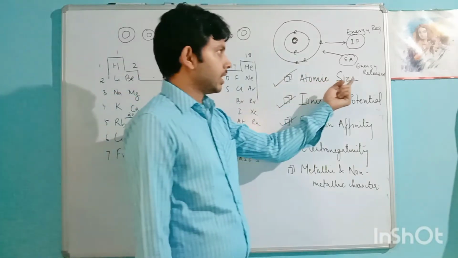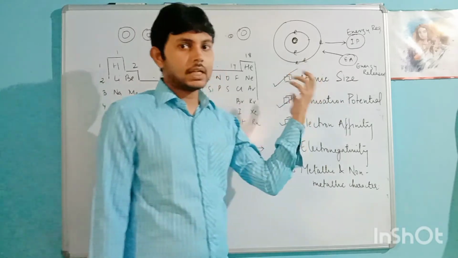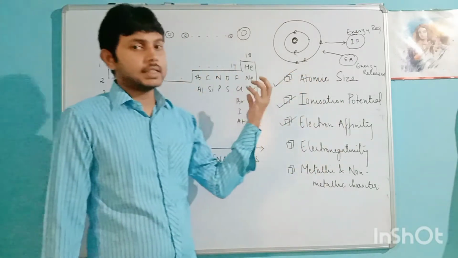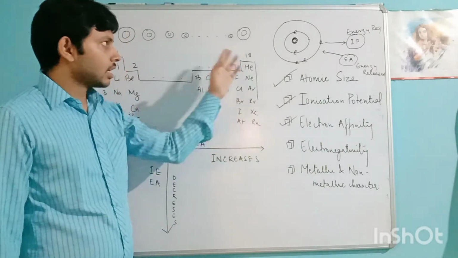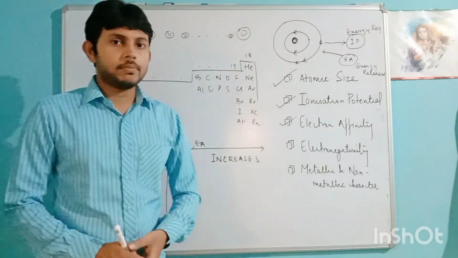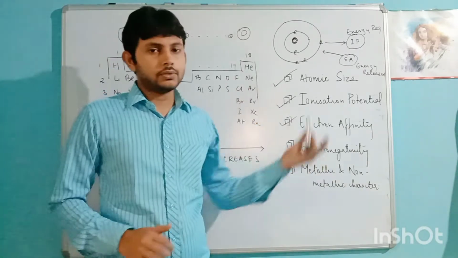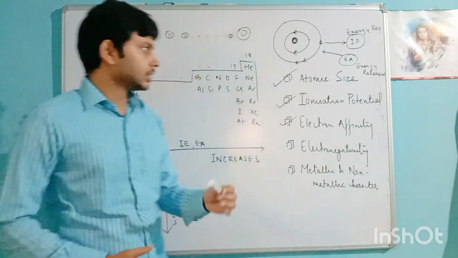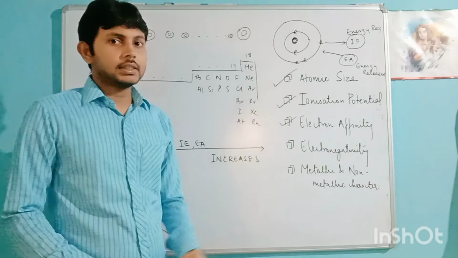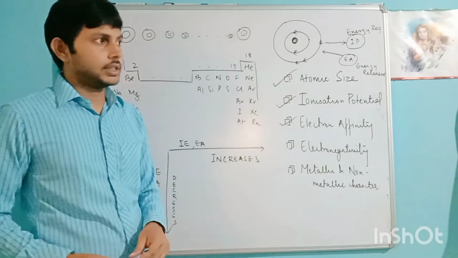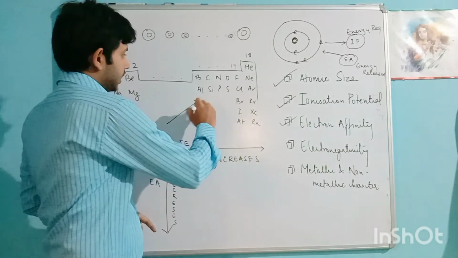Electron affinity means energy released when an atom accepts an electron. So group 18 elements have stable electronic configuration, means they have fulfilled shells, so they don't need to accept any more electron. That is why the electron affinity of group 18 elements is 0, and this question can come in your exams.